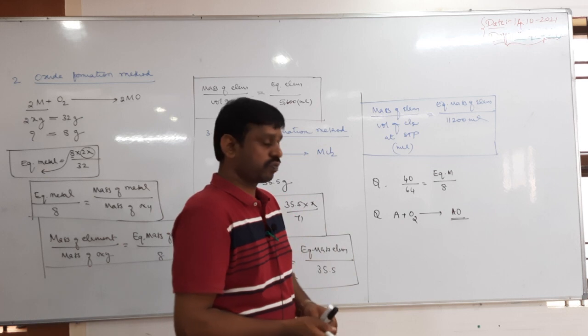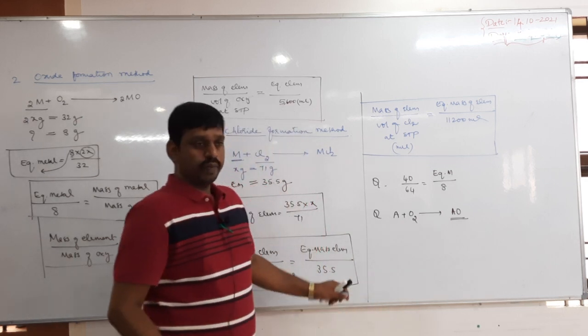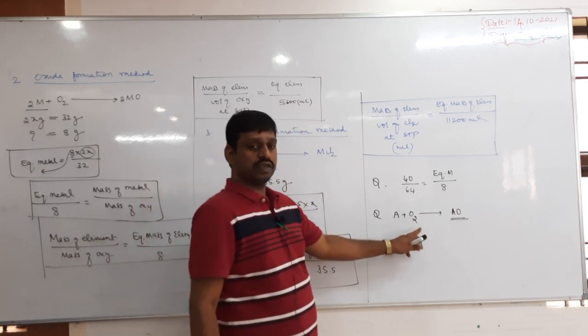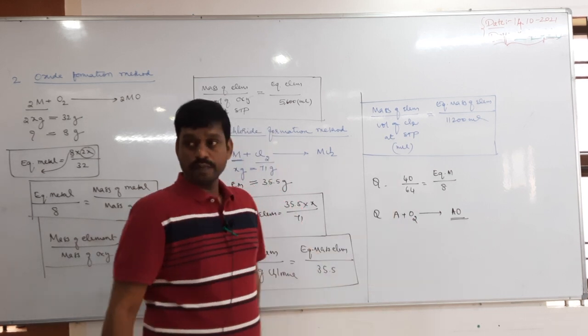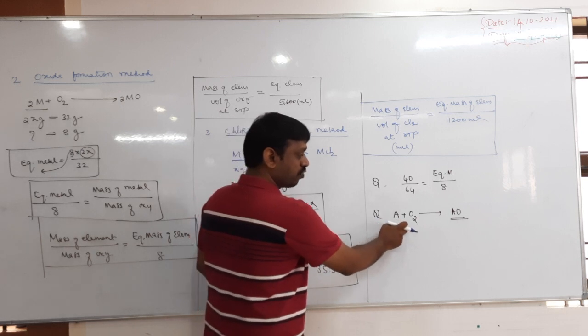So a metal A combines with oxygen, it forms metal oxide.